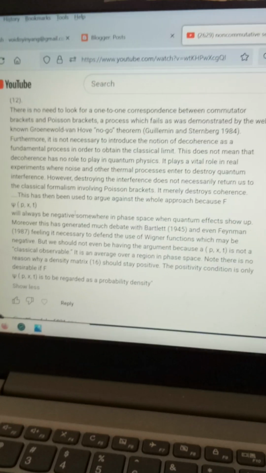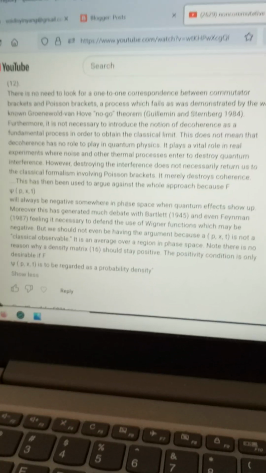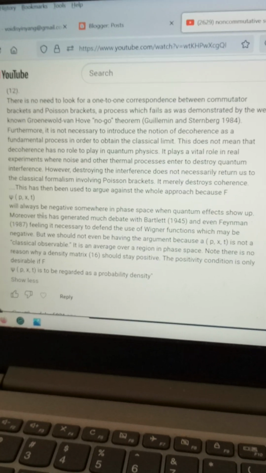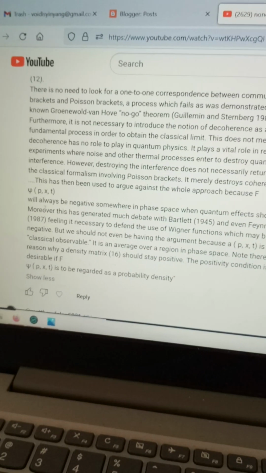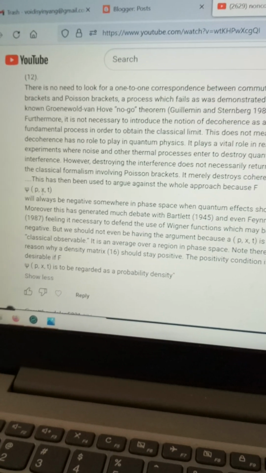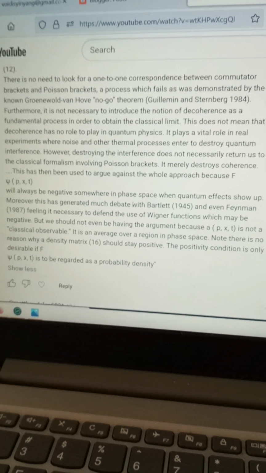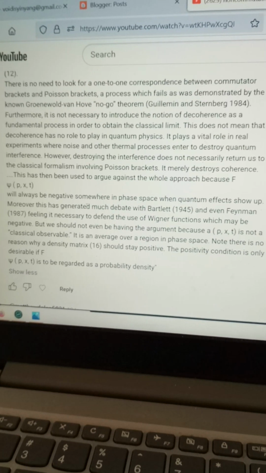So then it has to be used to argue against the whole approach, because the psi wave of position, momentum, and time will always be negative somewhere in phase space when quantum effects show up.